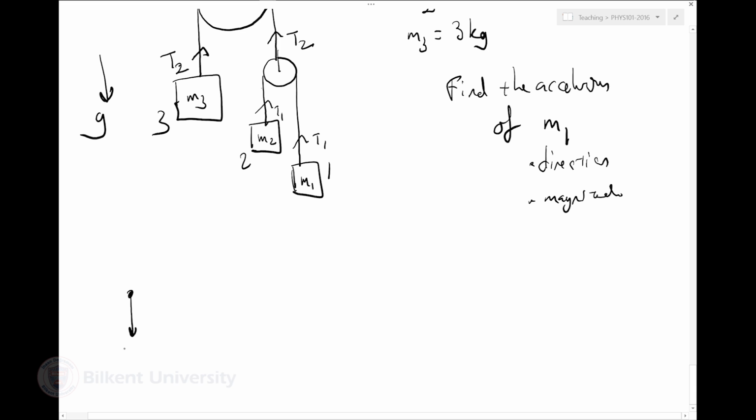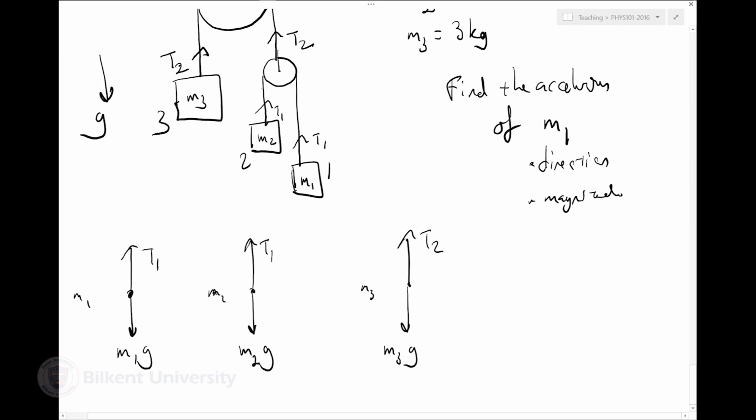Here I have M1 g and tension 1 for M1. For M2, I have M2 g and tension 1 again. And for M3, I have tension 2 and M3 g.